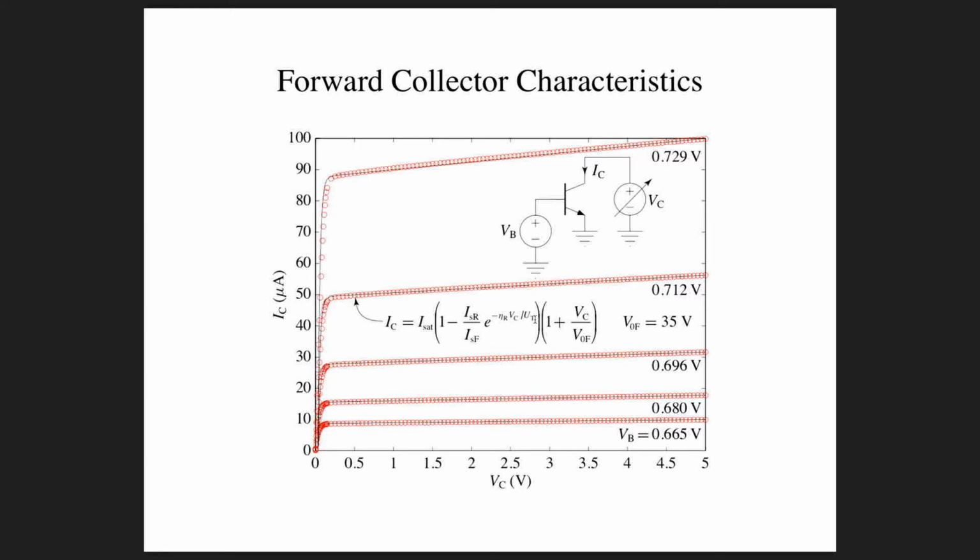But we're basically taking our zeroth order model of the current, and we're multiplying by this factor 1 plus the collector voltage divided by this parameter VO. And that gives us this sort of slight linear looking increase in the collector current.